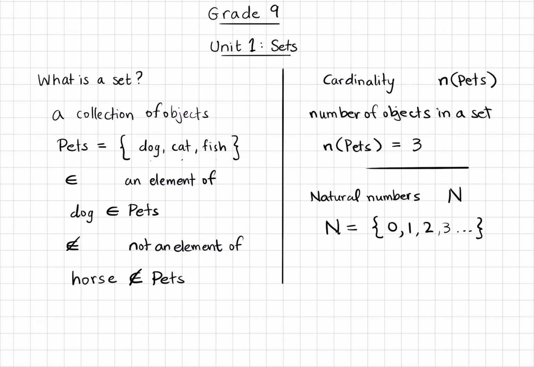The next one is the set of integers. Now, this is a little bit different from the set of natural numbers. First of all, we give it the letter Z. But what is different about the set is that it doesn't start from 0.